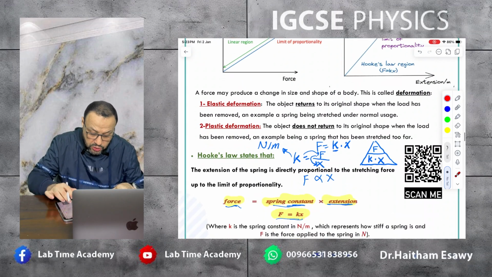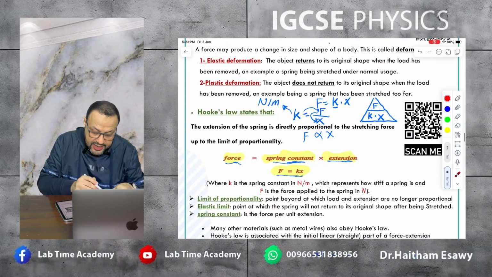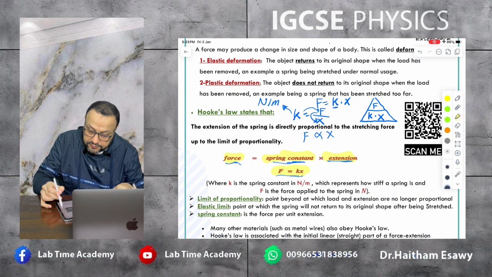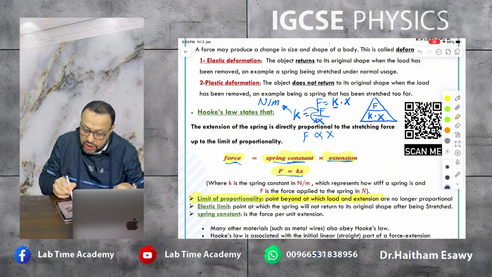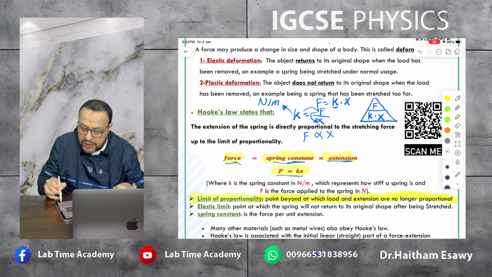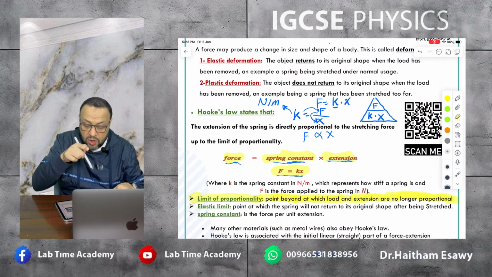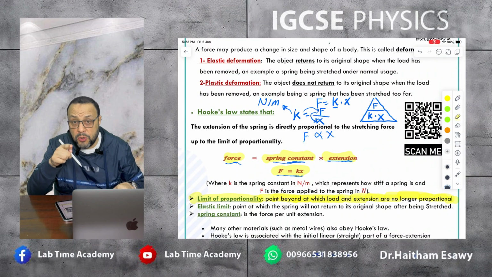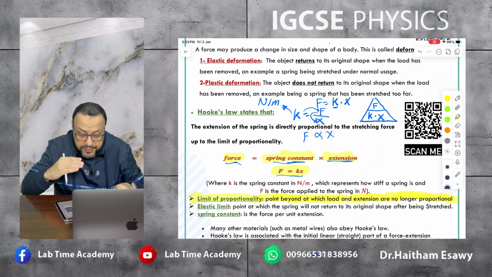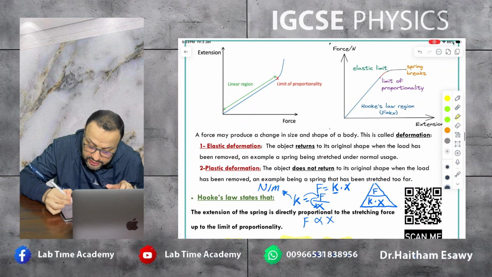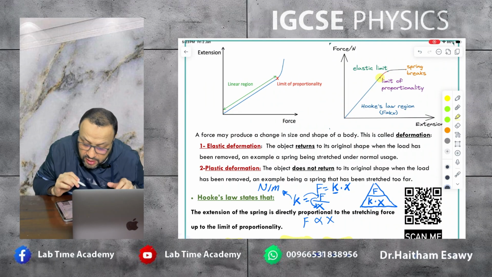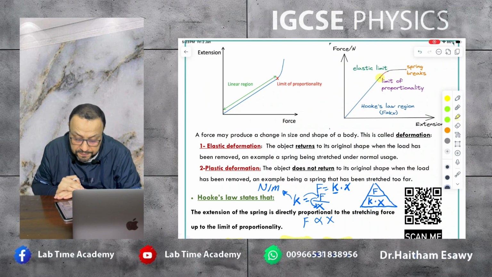So the limit of proportionality is the point beyond which the load and extension are no longer proportional. F will not be directly proportional to the extension beyond this point in the graph.